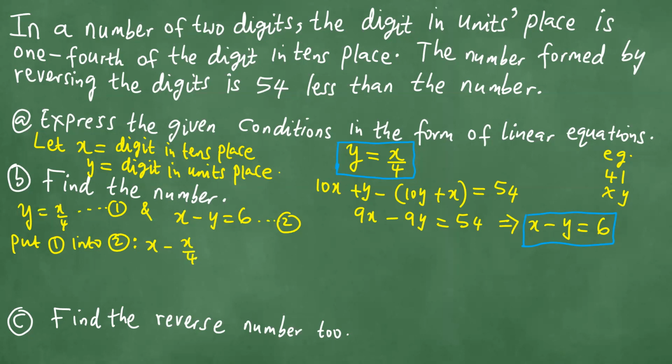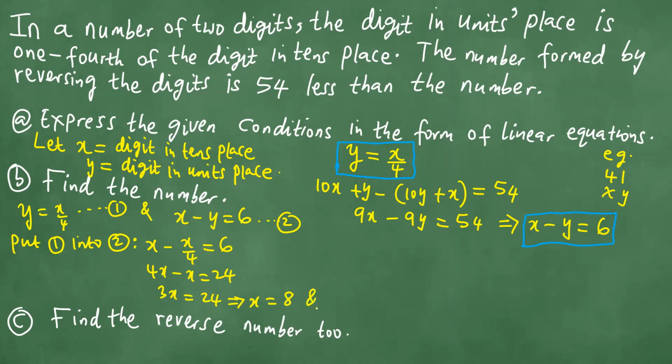It is x over 4 equals 6. You multiply through by 4, getting 4x minus x equals 24, which means that 3x is equal to 24. And if 3x equals 24, dividing through by 3, you have x equals 8.